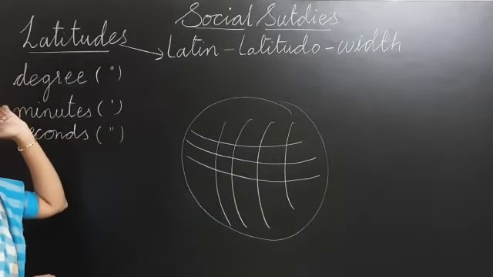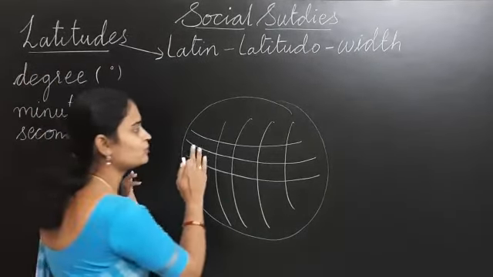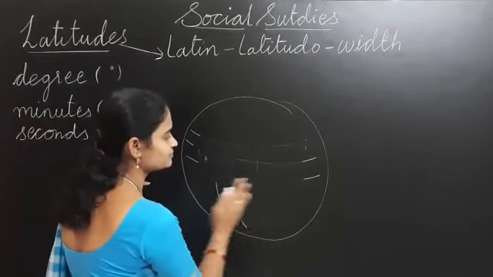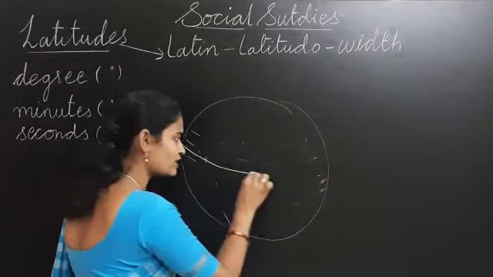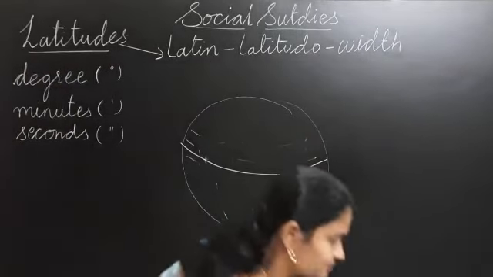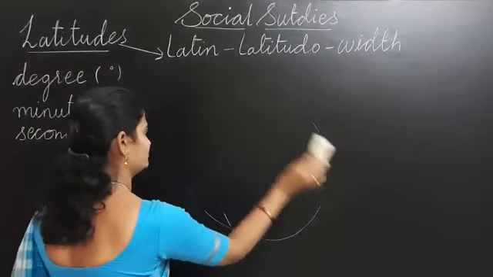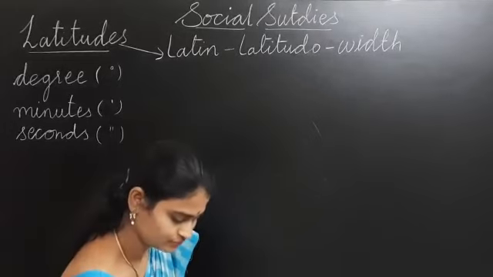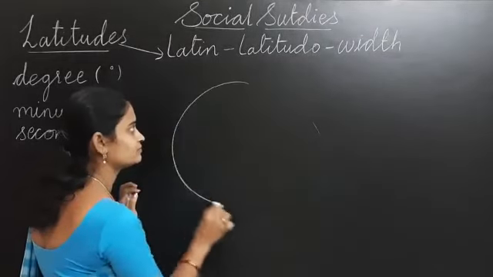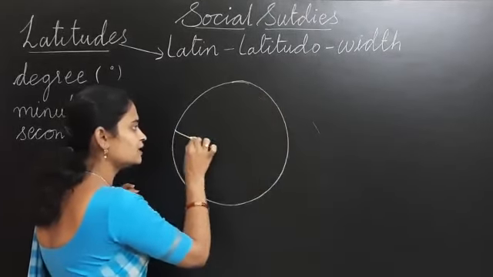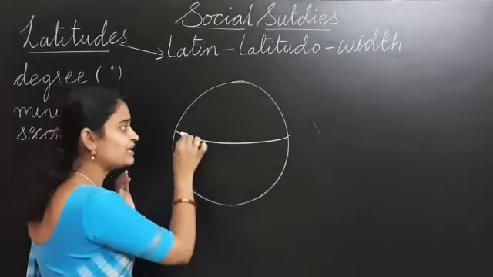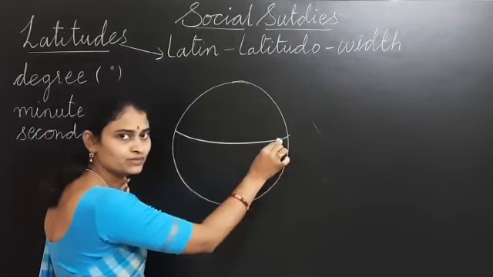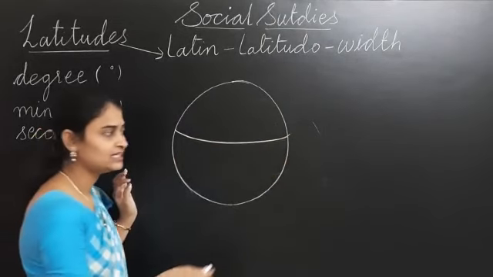Latitudes. The first subtopic is latitudes. The horizontal circle which goes to the middle of the globe is called the equator.